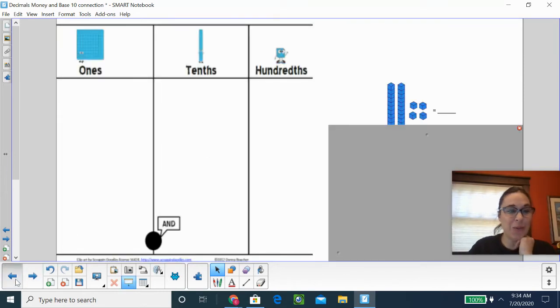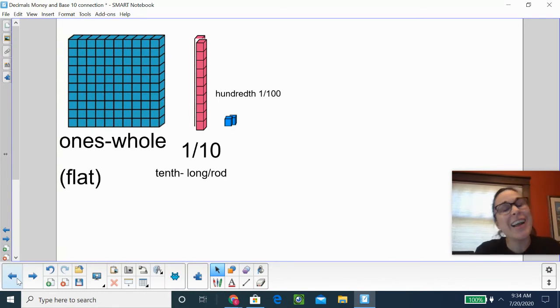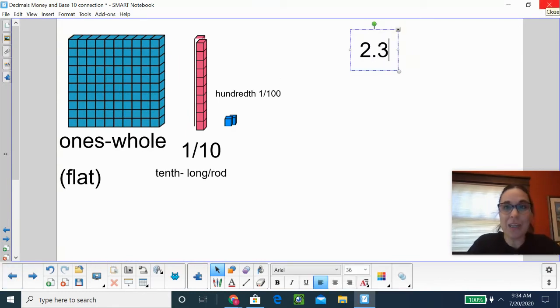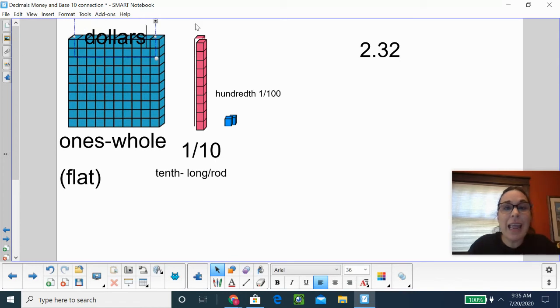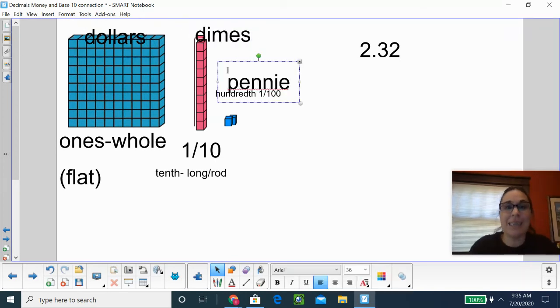Today we're going to build some numbers with these here. And so I'm going to give us a number, like we'll go with 2 and 32 hundredths. Now yesterday we talked about that would have been $2 and 3 dimes and 2 pennies.